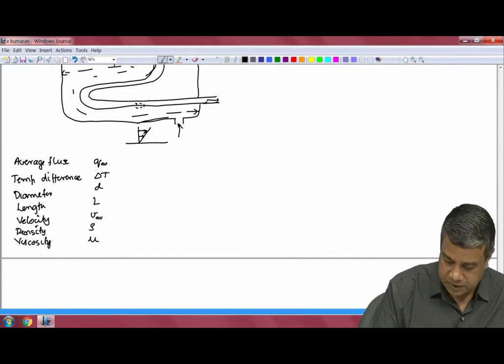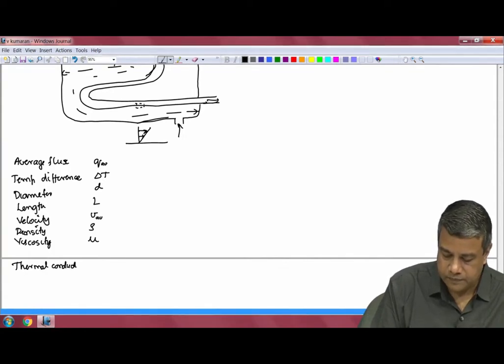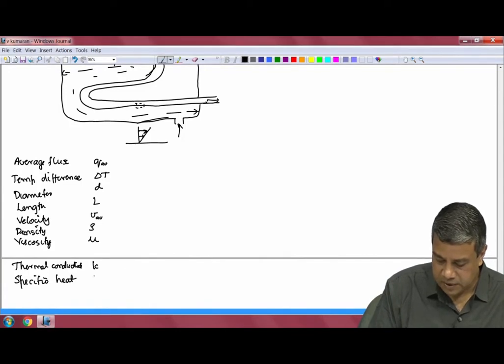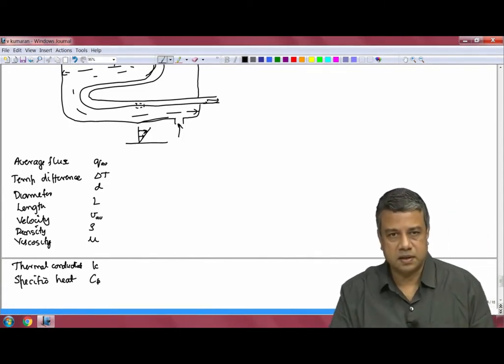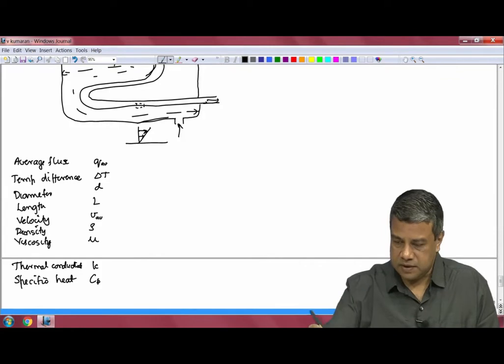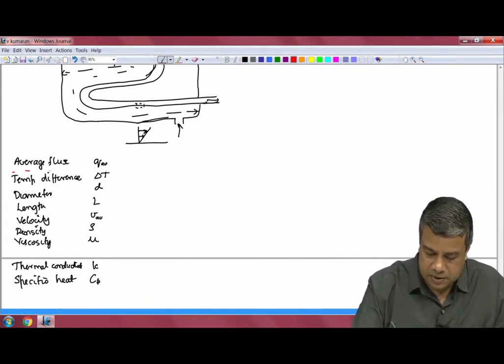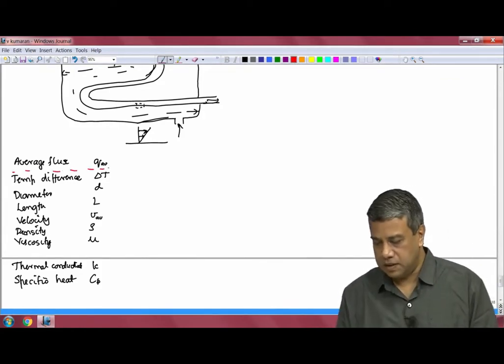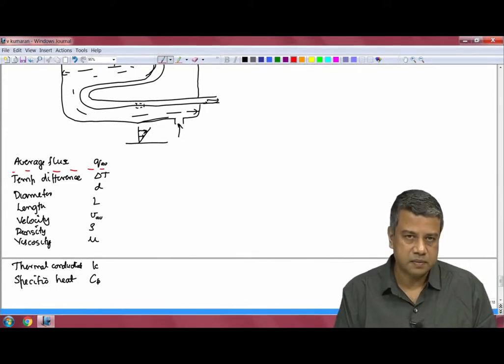So, there is the thermal conductivity, and the specific heat, Cp. The first one is the dependent dimensional parameter, and the rest are independent dimensional parameters.